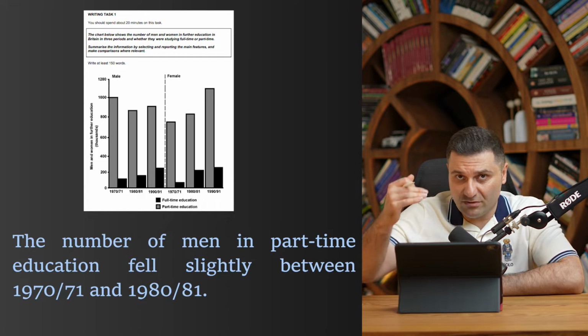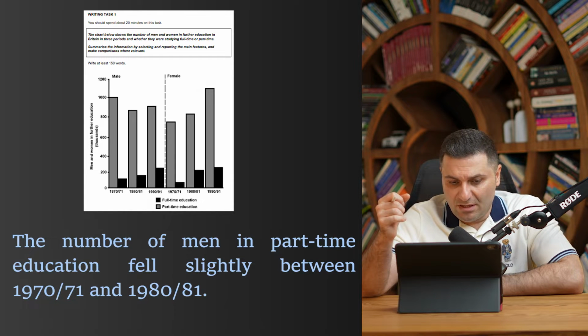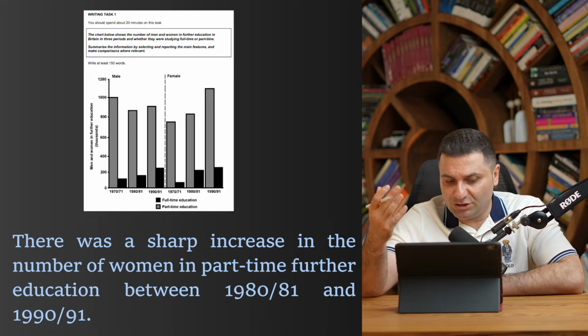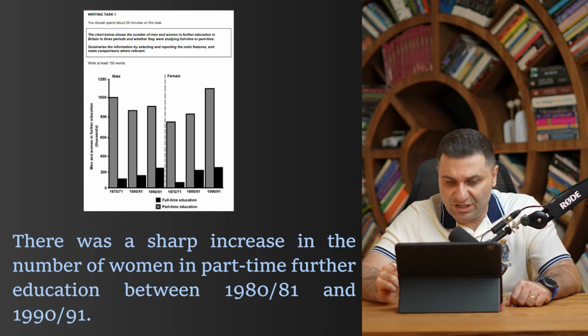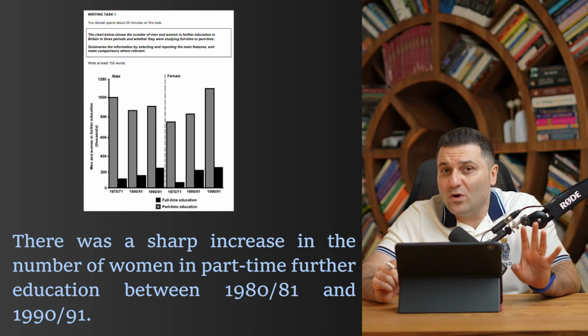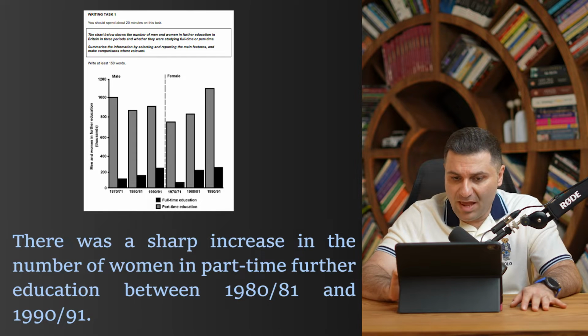As you can see, there was a fall, a decrease in the number of men taking part-time education. And another sentence: there was a sharp increase in the number of women in part-time further education between 1980-81 and 1990-91. This is another sentence about past tense.